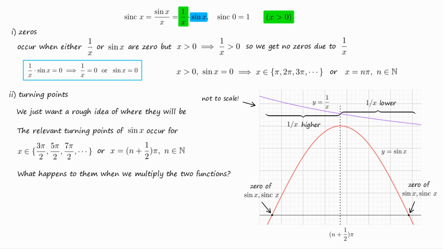Now consider the turning point of sine x. When we multiply by 1 over x, it will be mapped to some lower point, like so. Now consider 2 points located symmetrically on either side of the turning point. Now when we multiply by 1 over x, the left-hand point will be mapped to a higher location than the right-hand point, like so. And that will be true for any pair of points that are initially symmetrical about the turning point.